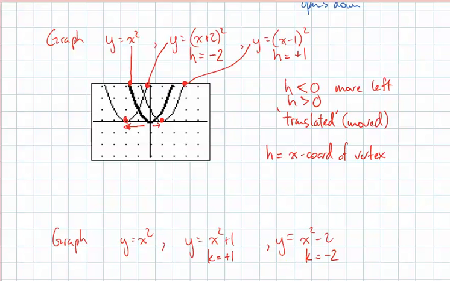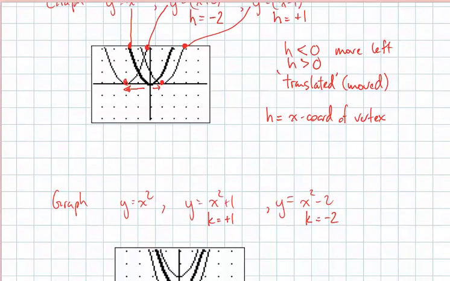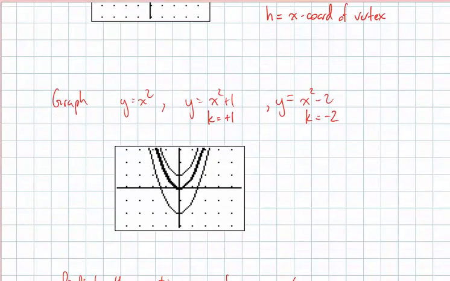If we graph these three together on a graphing calculator or a software program, we see this. y = x squared, the bold one again. x squared + 1 is 1 unit up, and x squared - 2 is 2 units down. So this is a translation up or down.